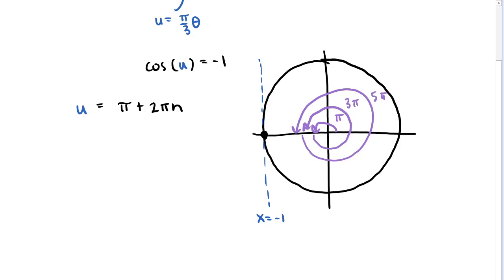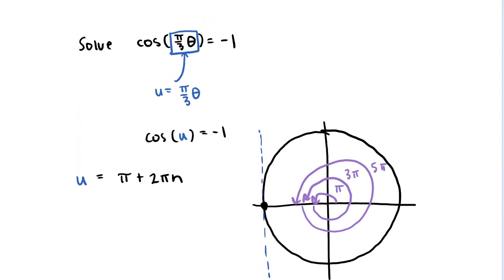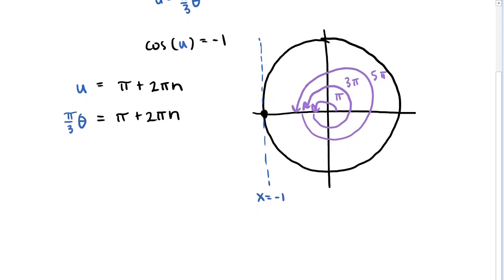But again, we're not looking for values of u, we're looking for values of theta that make this equation true. And we just have to remember now that u is the same as pi over 3 times theta. And so if I want to get theta by itself now, and really get the solutions to our original equation, well then I would undo that multiplication by pi over 3, I would divide by pi over 3, or in other words, multiply by 3 over pi.